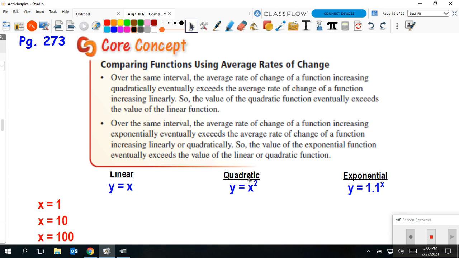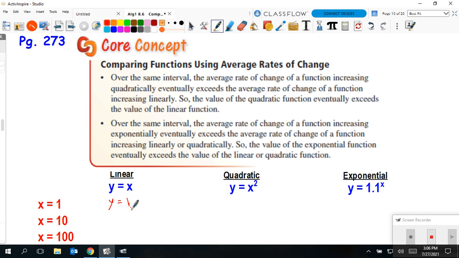So if we look at just plugging one in, I have a linear, just y equals x, quadratic y equals x squared, and exponential y equals 1.1 to the x. I had to put a base here, so to try to get it as close to 1 as possible, I just put 1.1. So if x is 1, for the first one the output would be 1. So y is 1.